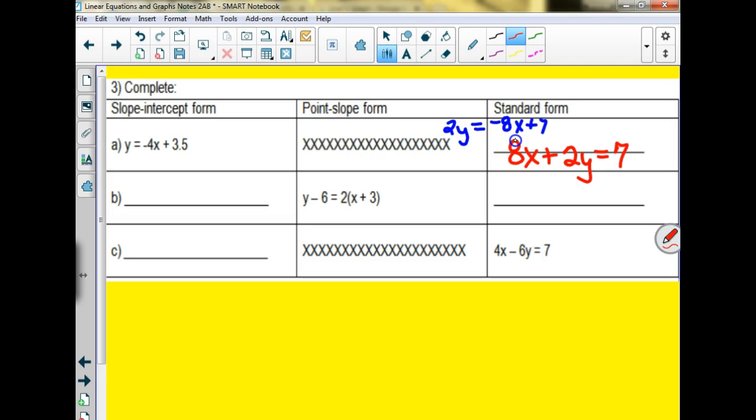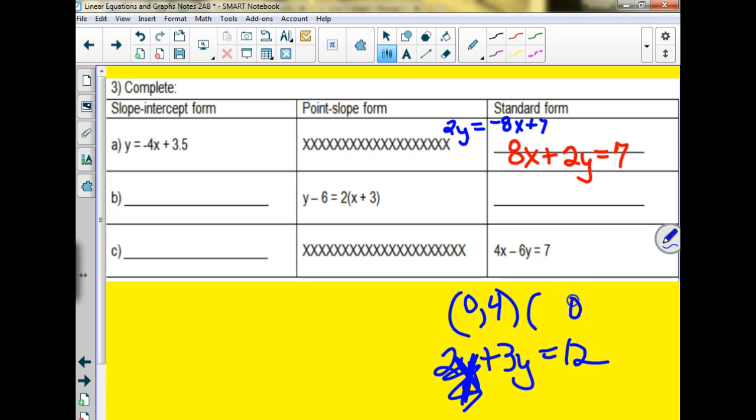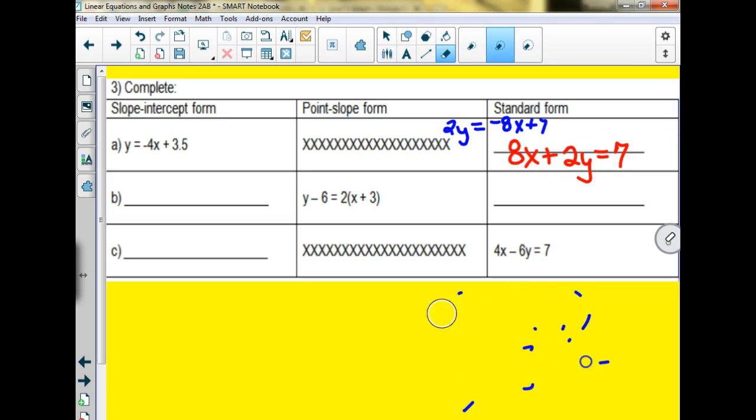The only thing I could tell you it's good for, you remember yesterday, when you have a question like that, do you remember me graphing it by saying, well, you could make the x 0, that would make this go away, and then you'd have this. You could make the y 0, that would make this go away. It'd say 2x equals 12, so you'd have this. Finding the intercepts is kind of nice when you have that form. Other than that, it's not good for much. Just pretty. But you need to know that form.